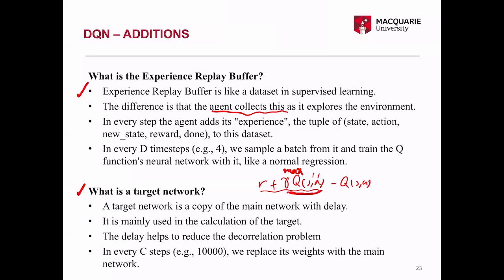And the delay: you remember that when we were taking the gradient of this, we had to assume that this doesn't depend on the parameters of the network, which is not very strong. To make it better, we can use the target network to calculate this, and that delay actually guarantees that assumption.